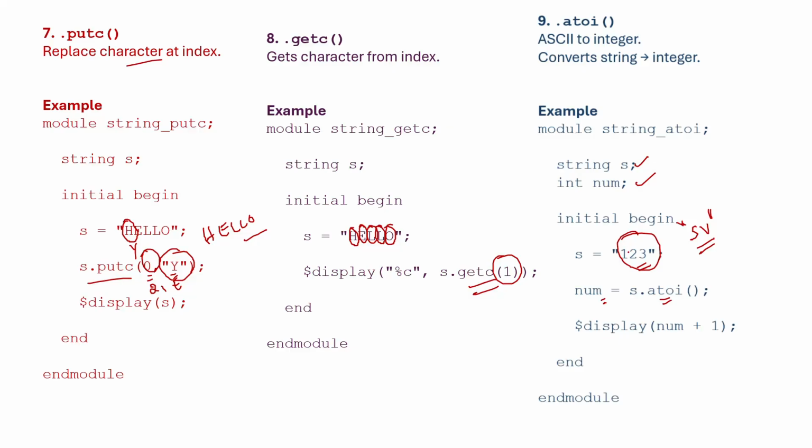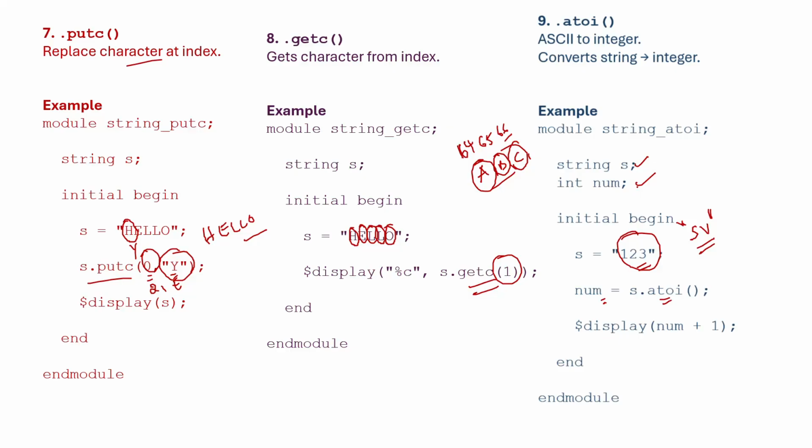So ASCII to integer, or integer to ASCII, is also possible. ASCII codes, you know, right? American Standard Code for Information Interchange. A, B, C, D capital letters are there. Each letter has one value. Suppose A starts from 64, then this is 65, 66, like this.